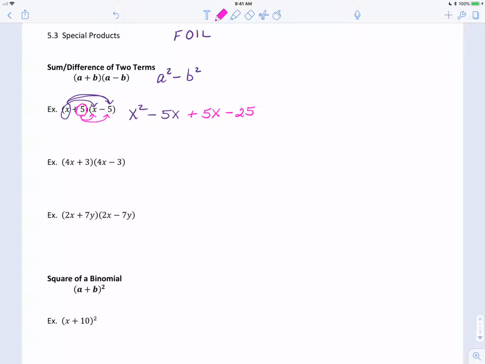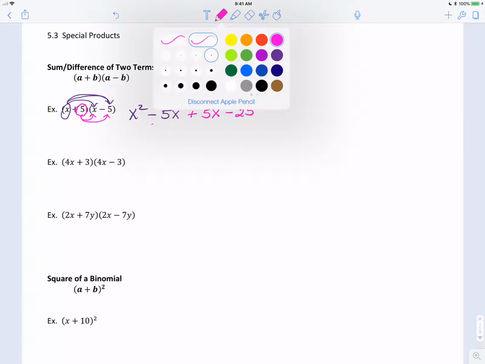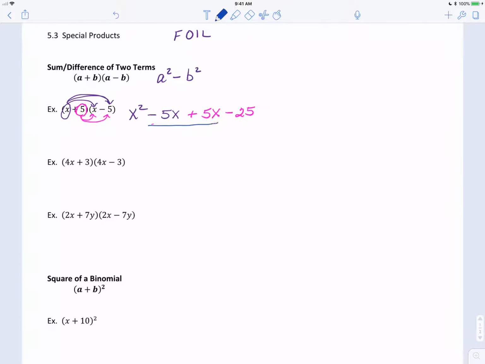Well, notice what happens here. Because you've got those opposite signs in your original binomials, you've created a negative 5x and a positive 5x. Well, that comes out to be 0. Those will cancel each other out, leaving you with just x squared minus 25. And so that's just a shortcut.